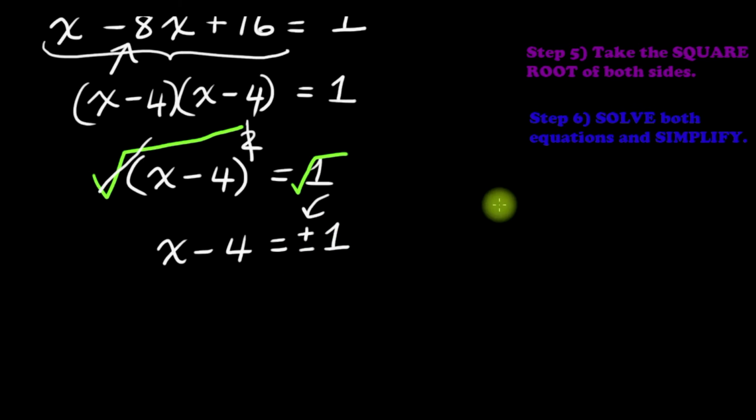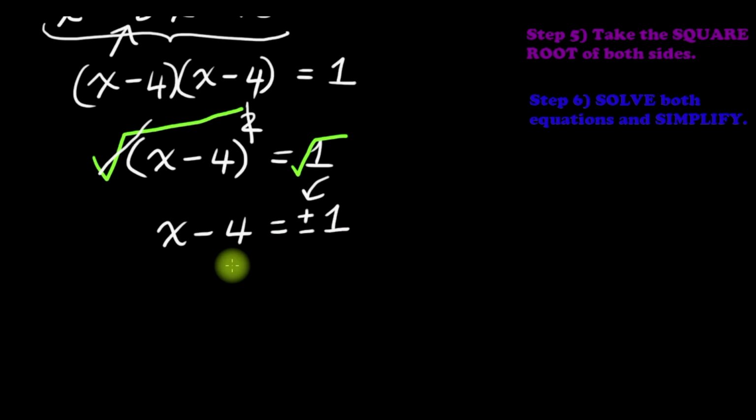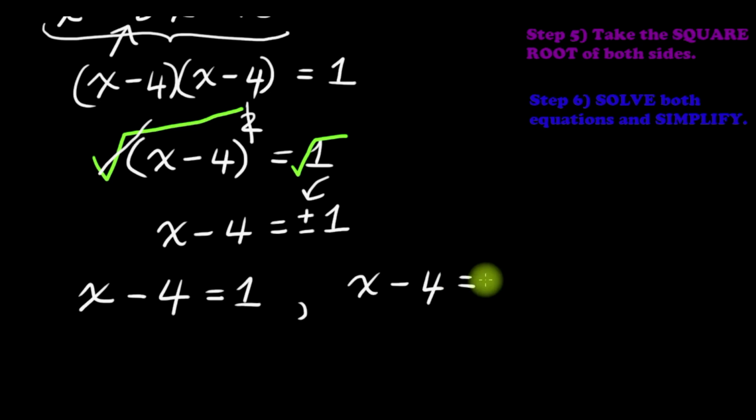And then step 6, the last thing we have to do, is solve both equations and then simplify. So we're going to break this up. It's going to be x take away 4 is 1, and the other one is x take away 4 is negative 1, because you have a positive 1 and a negative 1.